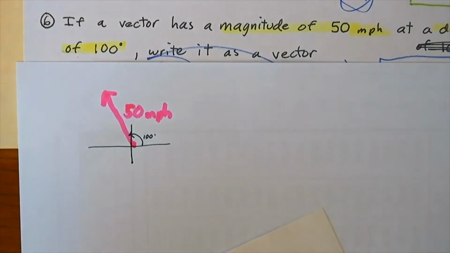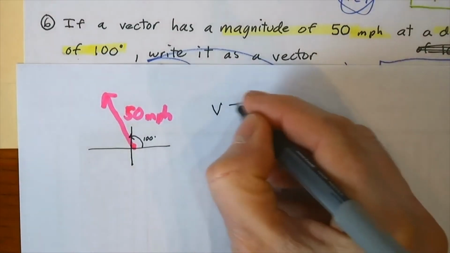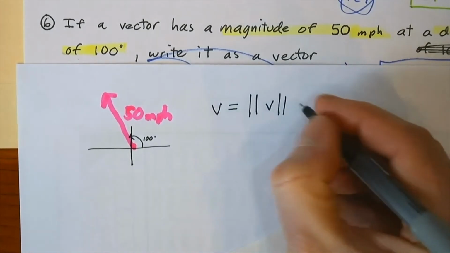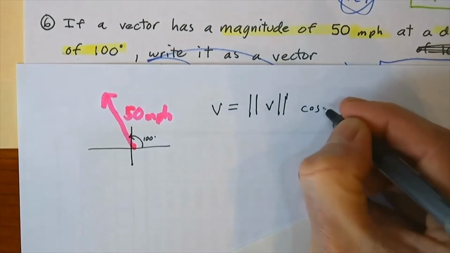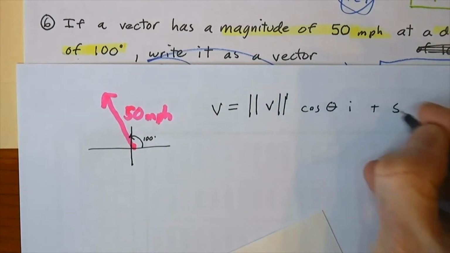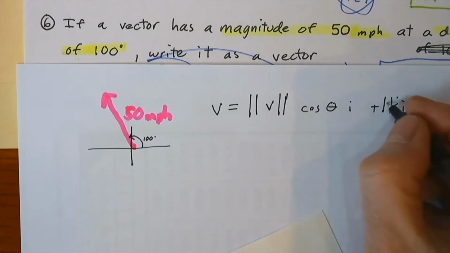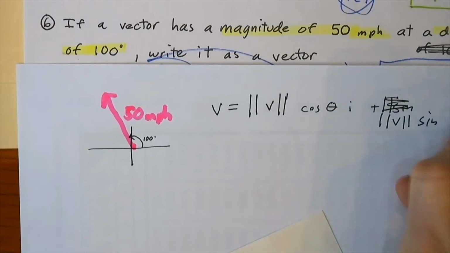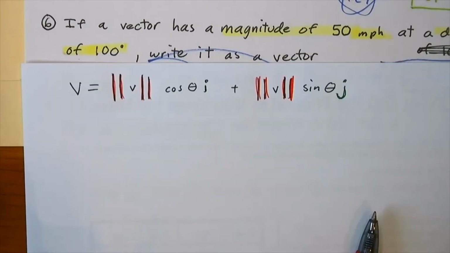We're going to use the rule. The rule says, to write it, you do the magnitude times the cosine of the angle with an i, plus the magnitude times the sine of the angle with a j.